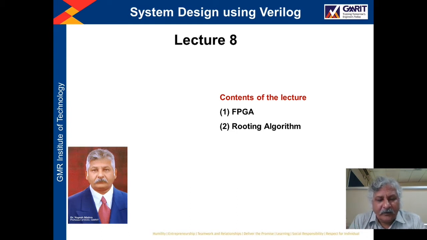Now in case of PLA, PAL and CPLD, all these three technologies have an AND plane and OR plane, so the logic is implemented by using sum of product expressions. In the PLD technology, the fourth category is FPGA, Field Programmable Gate Array.